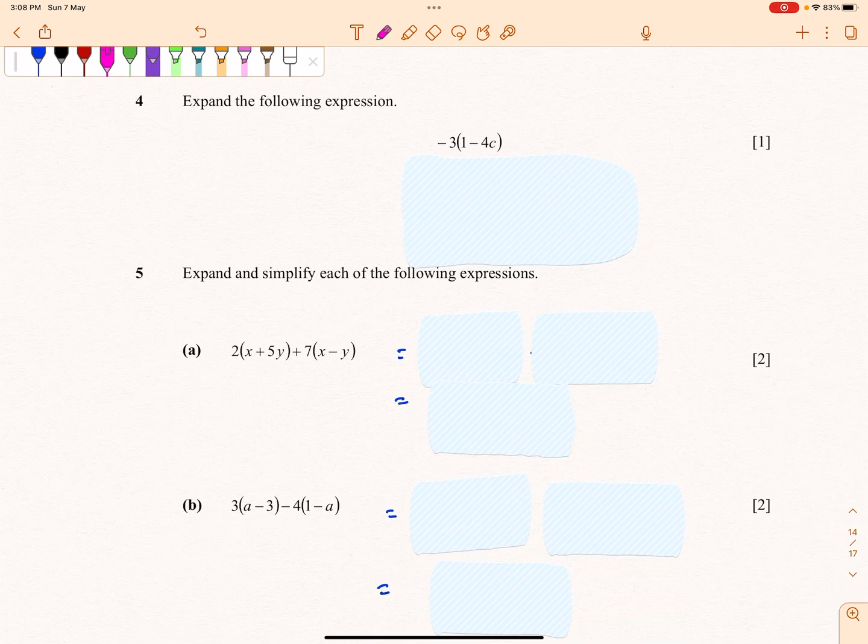Okay, let's go to question 4. In question 4, I want to expand. The idea of expand is to remove the bracket. If I remove the bracket, this is what it means. Every arrow actually means multiply.